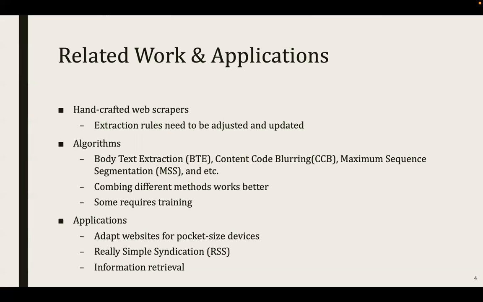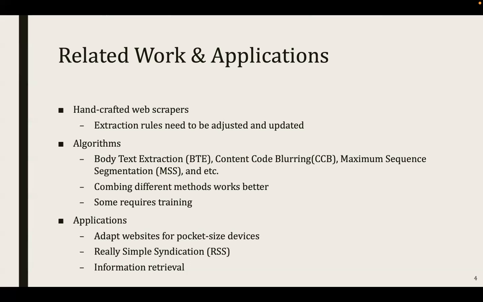There's also content code blurring, which is the method most similar to cedar, that identifies content regions by searching for source code character sequences that are formatted homogeneously. I'm not going into details for each of the other methods as the main focus is cedar here, but it's worth giving them credit as they built the foundation of this research, and they were also tested for efficiency along with cedar in the experiment that I'm going to introduce later.